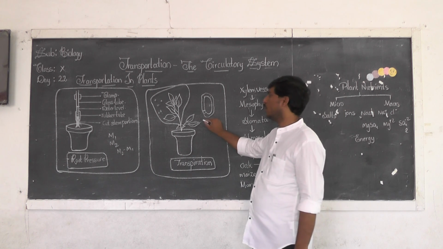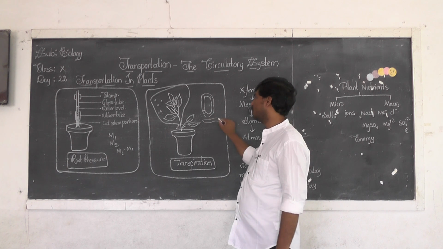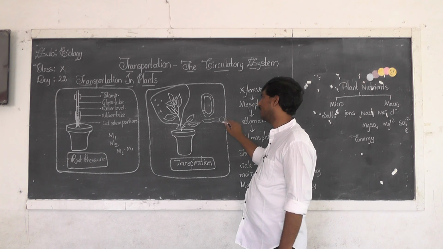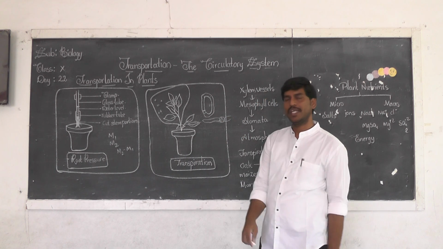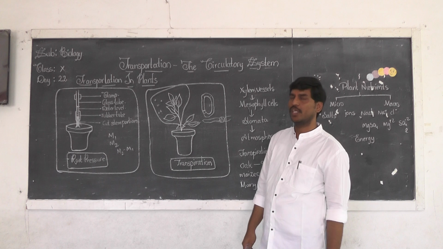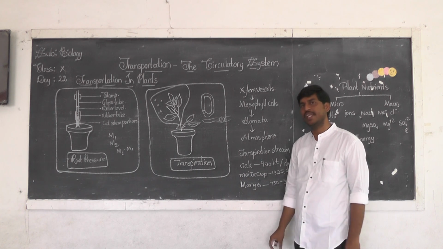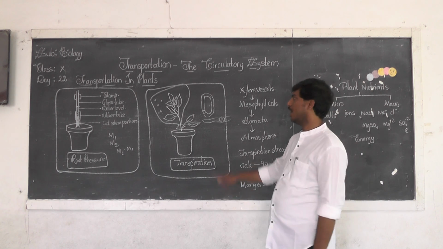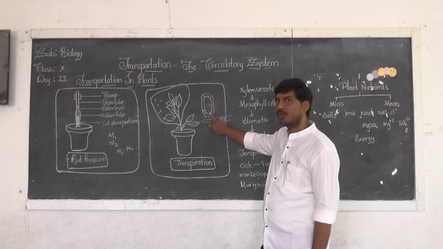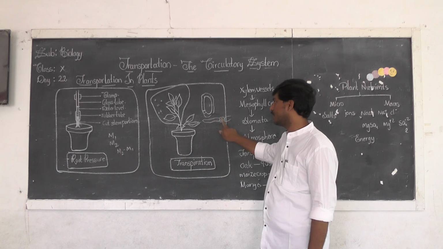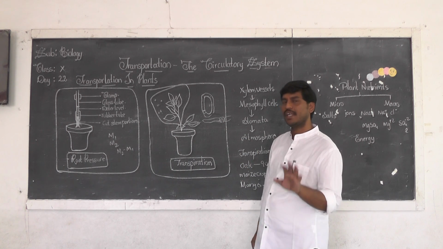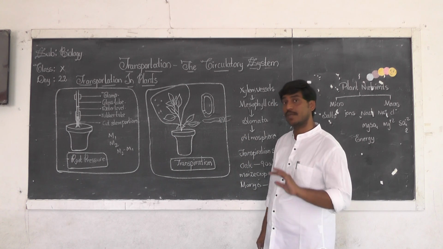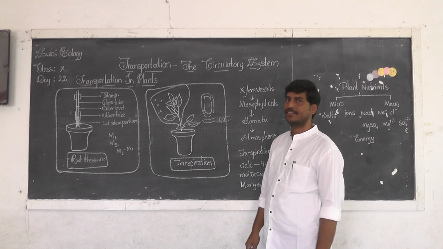On the lower side you can find the stomata. Of course, stomata are present in the upper epidermis also, but the number of stomata is greater in the lower epidermis compared to the upper epidermis. Now this water evaporates and comes out in the form of water vapor through the stomata, and if it is a stem, it comes out through the lenticels.